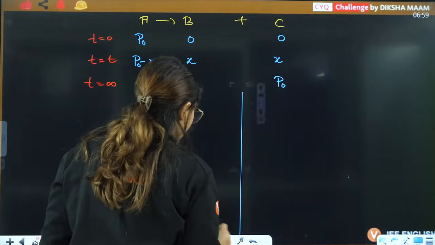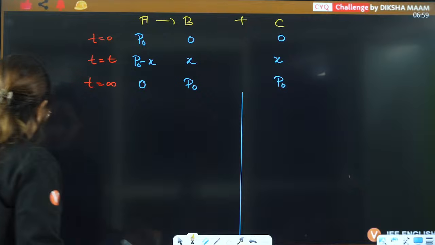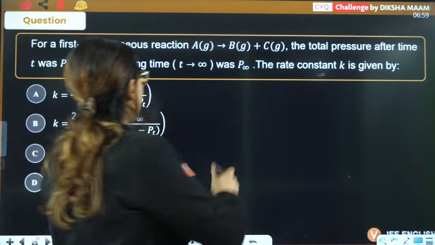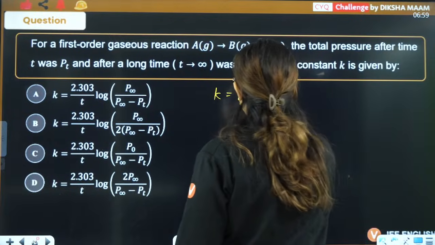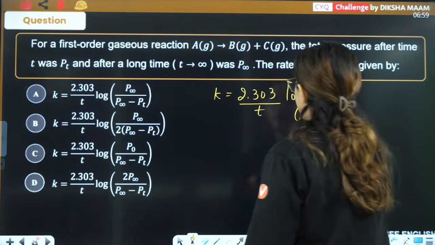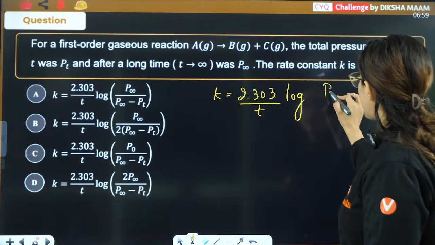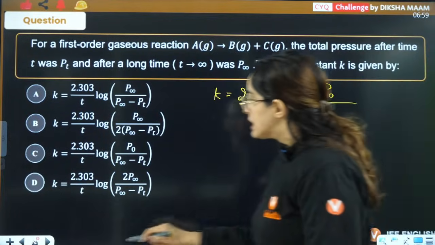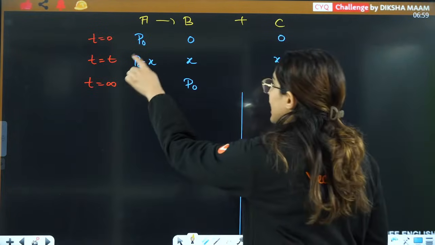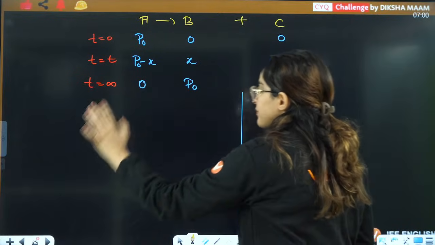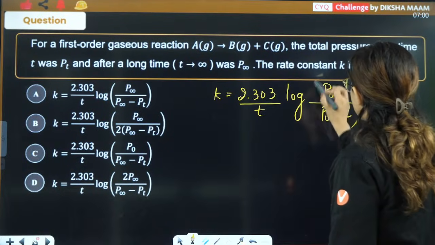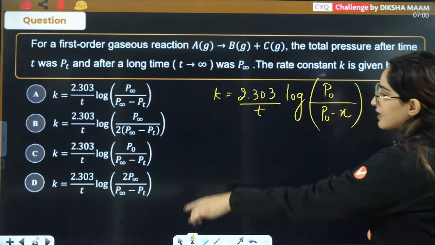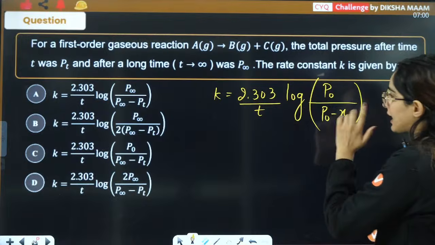Now how do I answer this question? I know that the value of k is equal to 2.303 divided by t, log of initial concentration, that is P naught, divided by the final concentration at time t, that is P naught minus x. So this is actually the value here. But can I say nowhere is it given in terms of P naught and x?